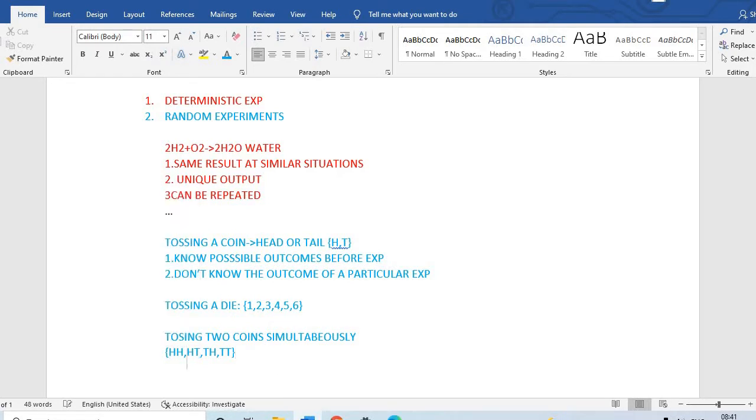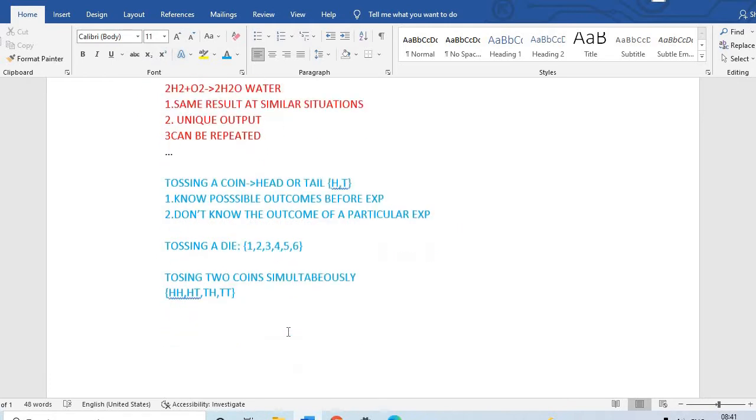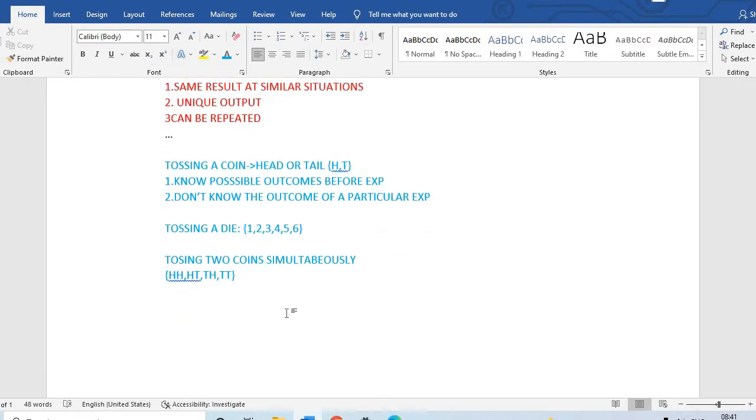Another example is tossing two dice simultaneously. So what will be the outcome? It can be 1 1, 1 2, 1 3, etc. up to 6 6.